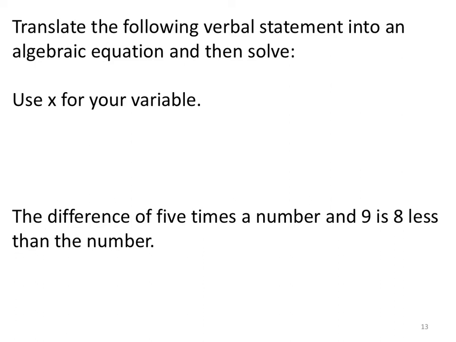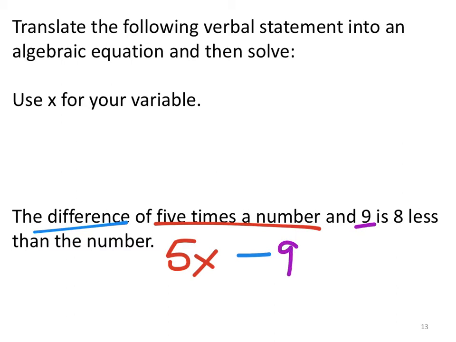Well, difference we need to know is subtraction. So I'm just going to put the subtraction sign. It's the difference of 5 times a number, so we've got to show that as 5x, using x as the variable, and 9.